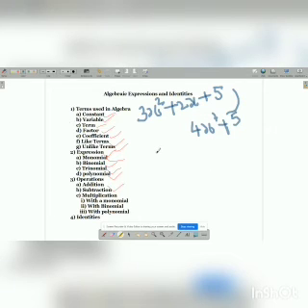Now, in the vertical method, what I said is you need to write the like terms one below the other. So I'm first writing the first expression, 3x square plus 2x plus 5.